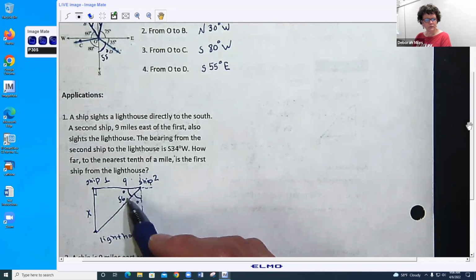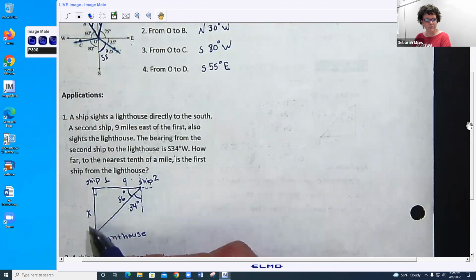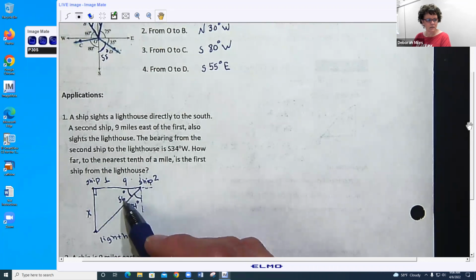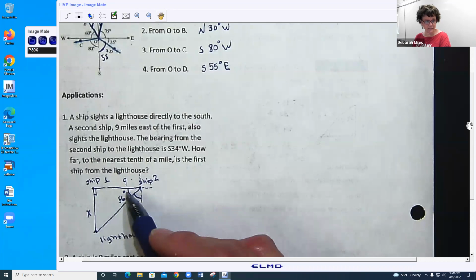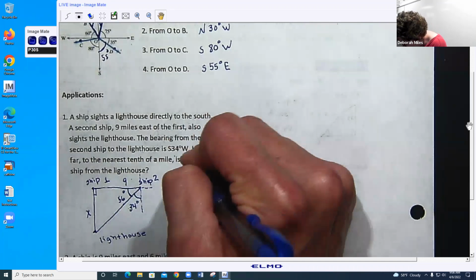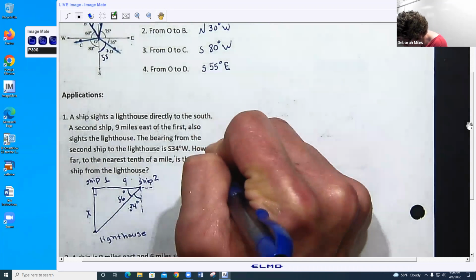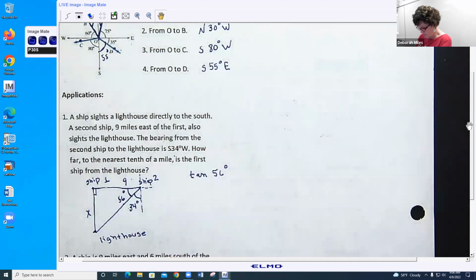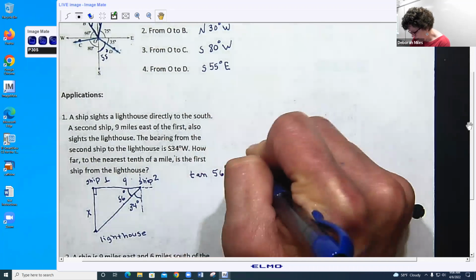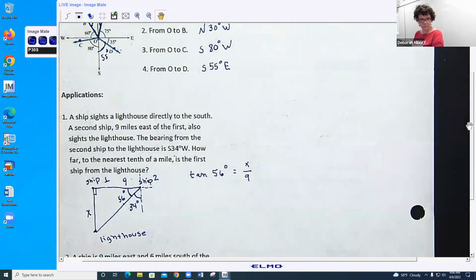Which trig function of 56 degrees would involve the x and the 9? Well, the x is opposite the 56 and the 9 is adjacent to the 56. So yeah, tangent of 56 degrees would be opposite over adjacent.